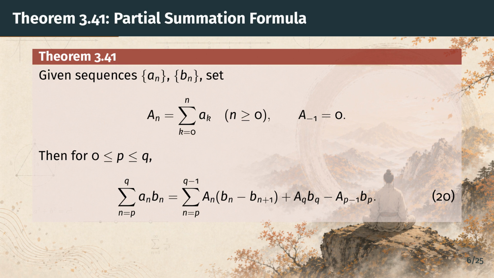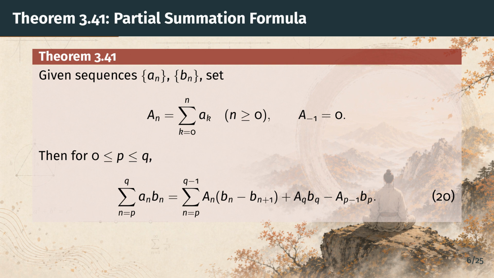Here's the theorem. We are given two sequences, a sub n and b sub n. We form the partial sums of the first sequence. Capital A sub n is the sum of the a terms from index 0 up to n. By convention, we set capital A sub -1 equal to 0, which just makes the bookkeeping clean.